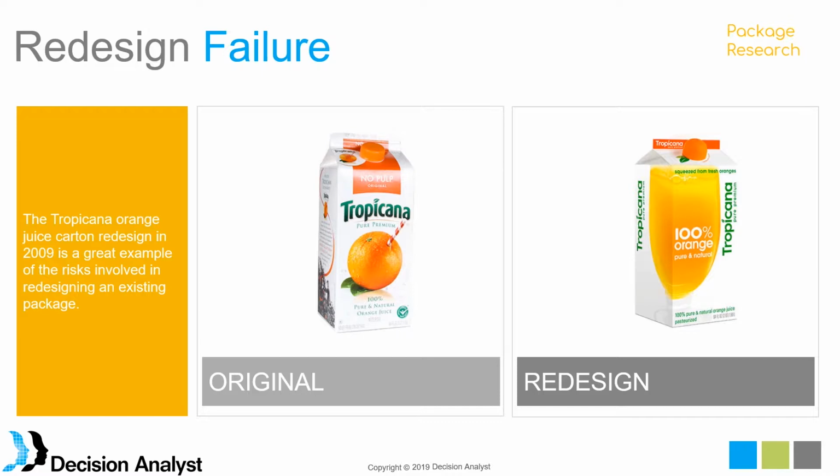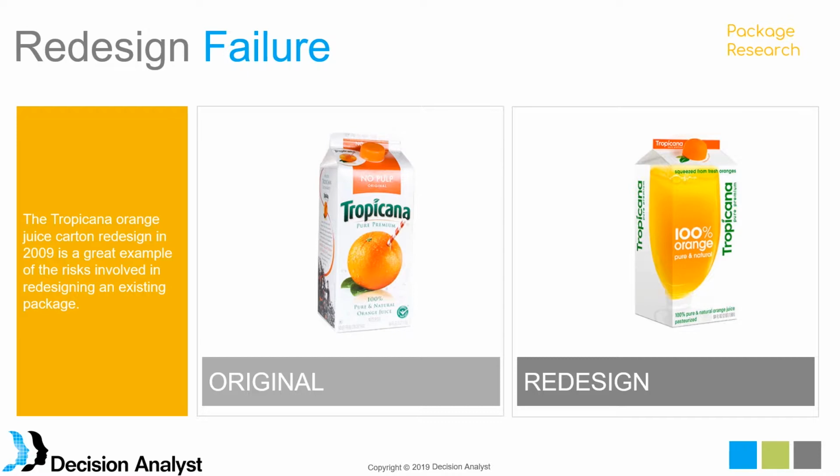And we would assume that this confused consumers, because the net result was that sales fell about 20%. It wound up costing Tropicana about $50 million in the end. And some of the issues with the redesign package have to do with the fact that the product image changed.